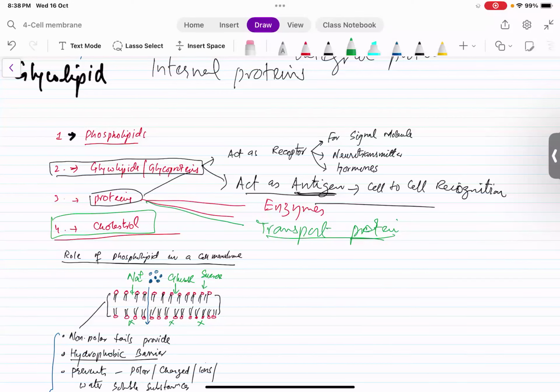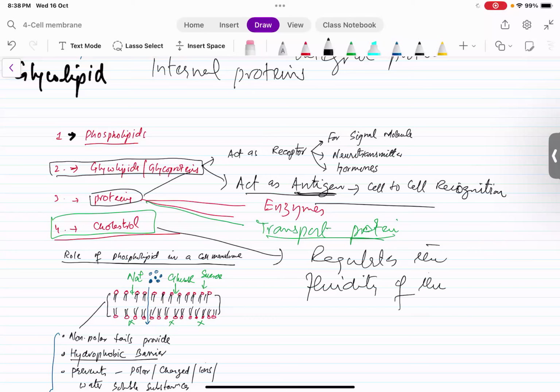Cholesterol regulates the fluidity of the cell surface membrane, or the fluidity of the phospholipid bilayer.